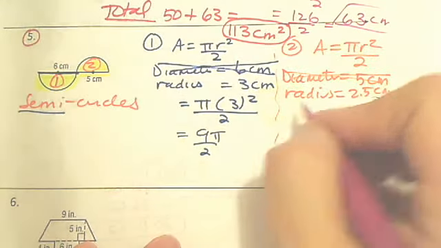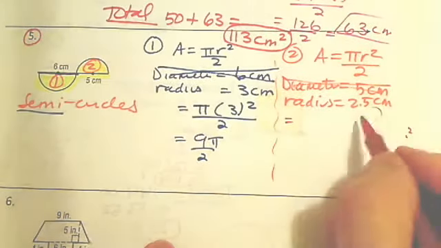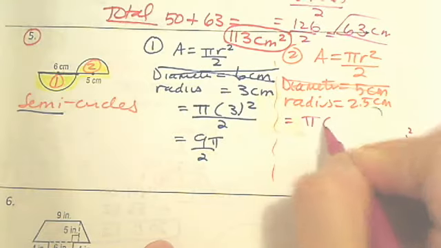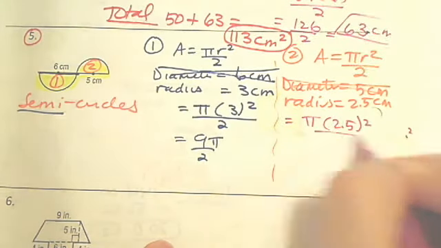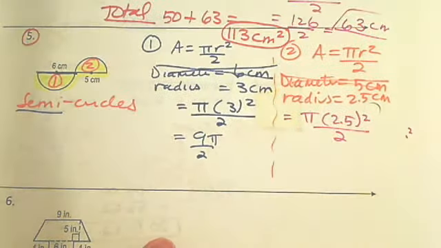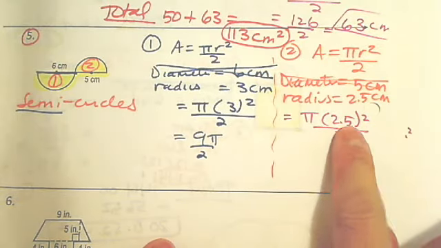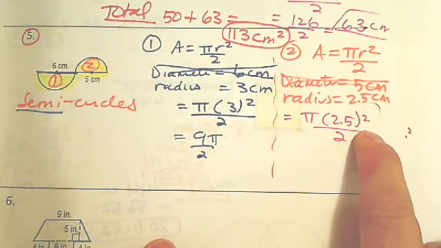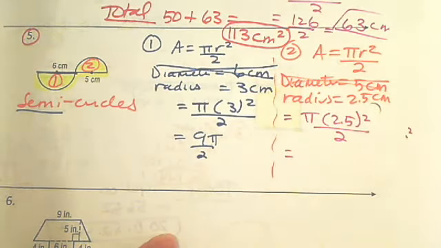So here, again, same thing. Pi, radius, squared, divided by 2. Radius is 2.5, square it. Let's think. What is 25 times 25? 625. 25 squared is 625.